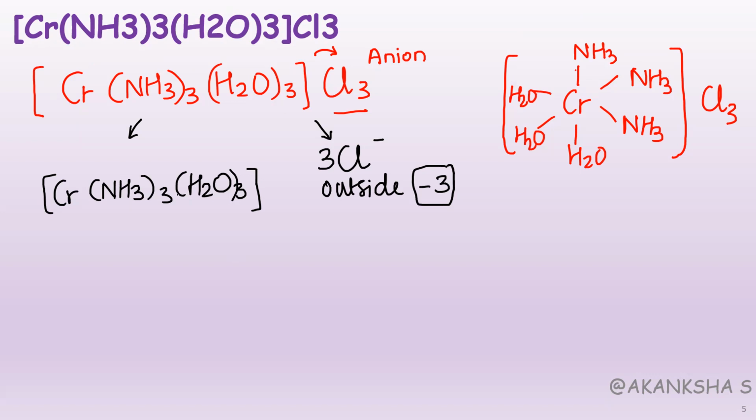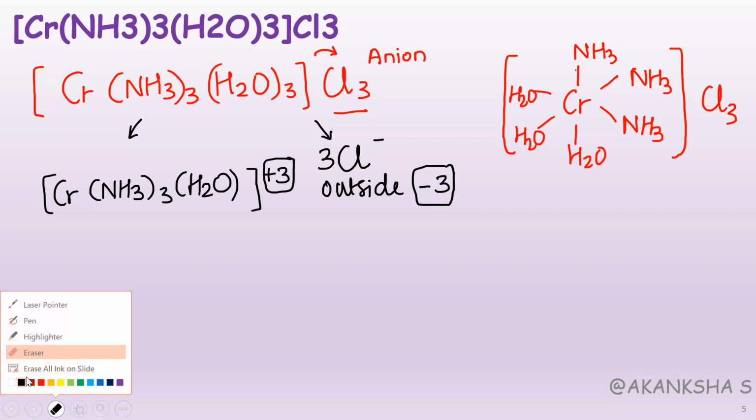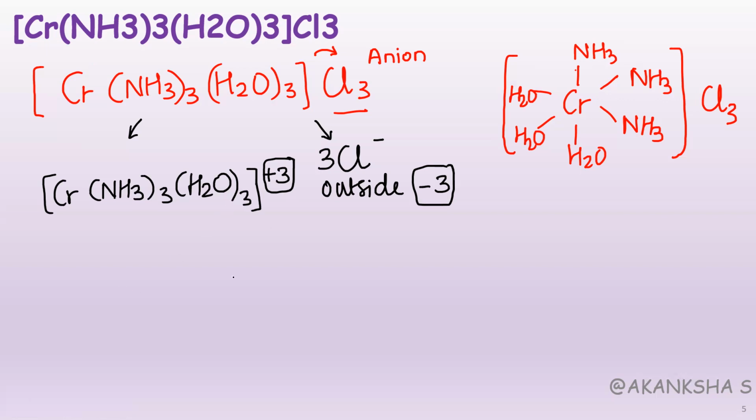Meaning, if outside the complex there is -3 charge, the complex itself would be carrying +3 charge, the same charge but in opposite magnitude. Okay, now we know our complex. Our complex is this, and it has a +3 charge.